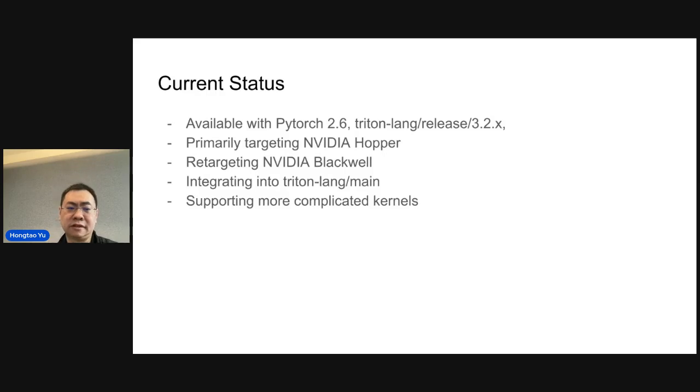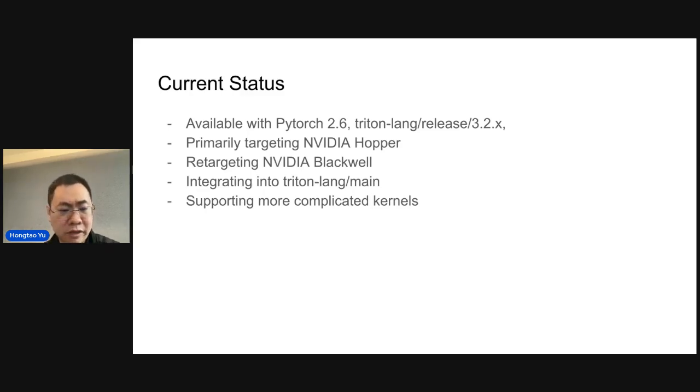So the current status is warp specialization is available to PyTorch users through PyTorch 2.6, and that is with Triton release branch 3.2. We're also working on making it available through release 3.3. It's currently only targeting NVIDIA Hopper, and we are working on retargeting the NVIDIA Blackwell platform.